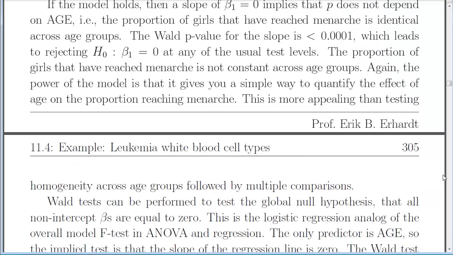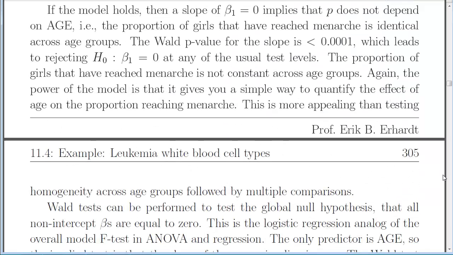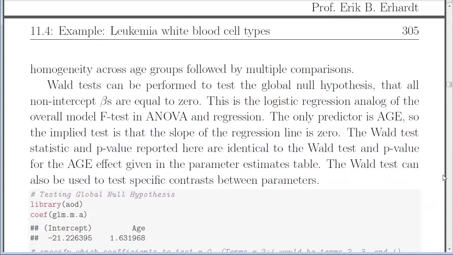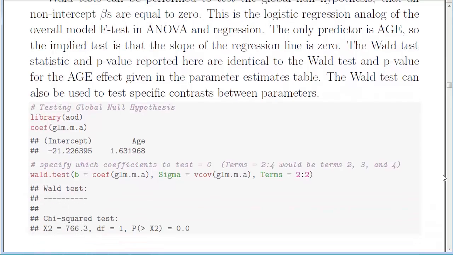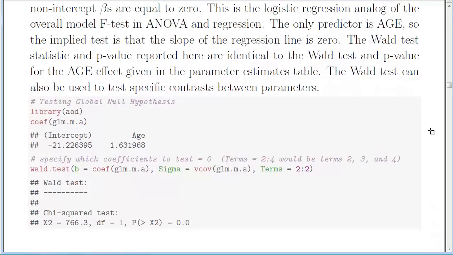All right, we're coming to the end here. I don't think there's that much more to say. We can test, as we've done previously, I think maybe in chapter 7, multiple terms if we needed to, using the Wald test. And I think we may do this in a later example. So from the AOD example, we can use this generalized linear model object, and we can test, in this case it's not very interesting, just the term, whether term 2 equals 0 or not.